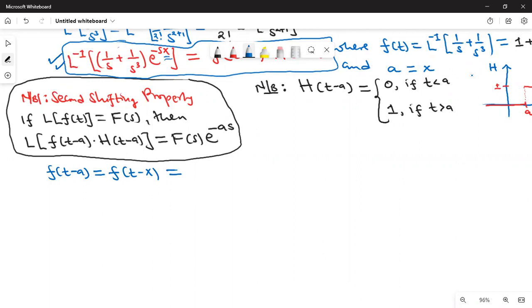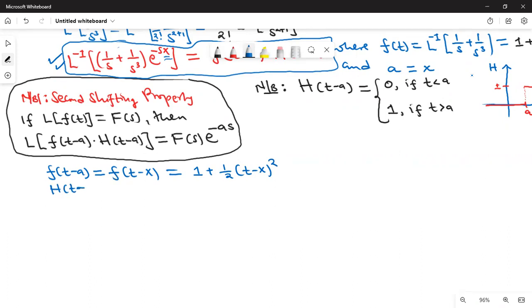So, when you replace where there is t, you put t minus x, we are going to get 1 plus half t minus x, and that is supposed to be squared. We also need to know what is h of t minus a.